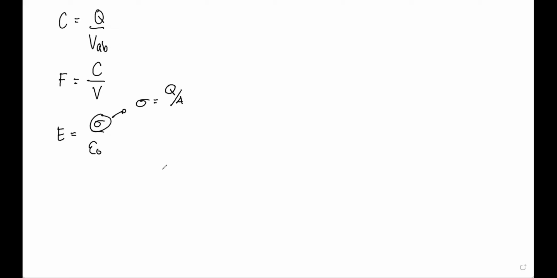So E is Q divided by area, divided by epsilon naught, that is 1 over epsilon naught. If you're given E and you've got your charge and area, just use that one.